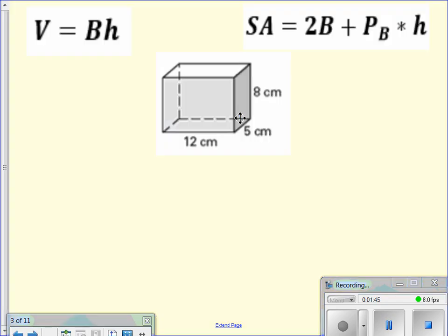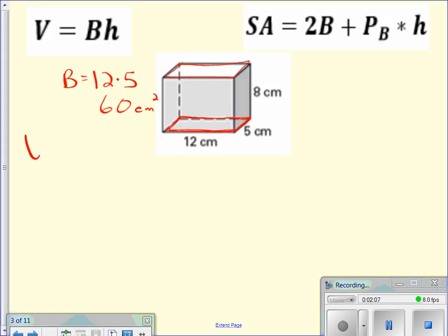Okay, first one out, basic rectangular prism. So I'm going to, again, trace my base. Easiest way, I always trace my base first. I know it's going to correspond with this top one. To find volume, the area of my base is a 12 by 5 rectangle, so 60 centimeters squared, technically, right?